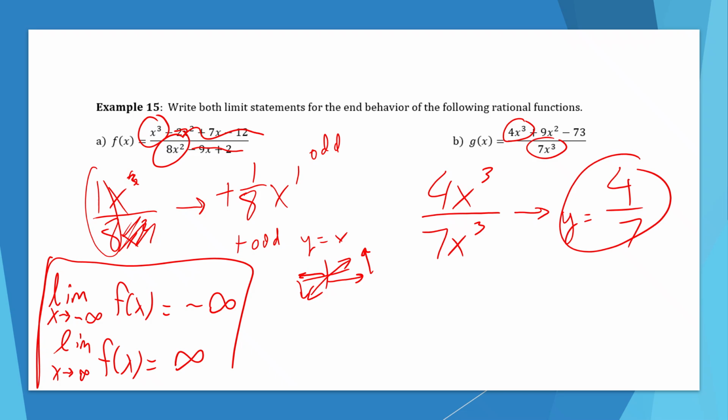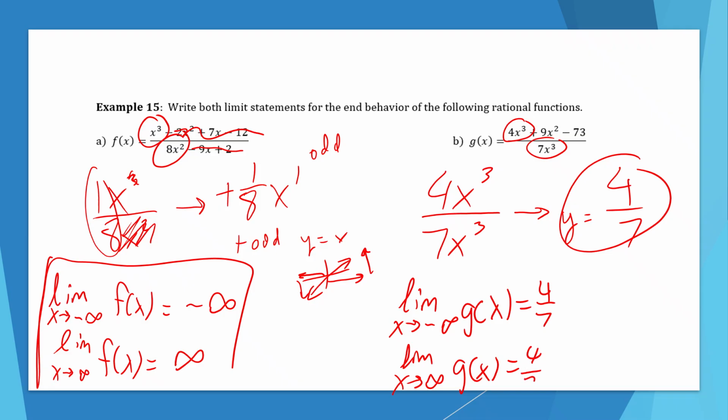This is why, in this case, if you try to plot this on Desmos, it's pretty hard to identify that 4/7 is the fraction that you're going towards as you get really, really big x values and really, really small x values as well. So our two limit statements would look like the limit as x approaches negative infinity of g of x this time is 4/7, and then the limit as x approaches positive infinity of g of x is also 4/7. Both of those should be our answer for 15.